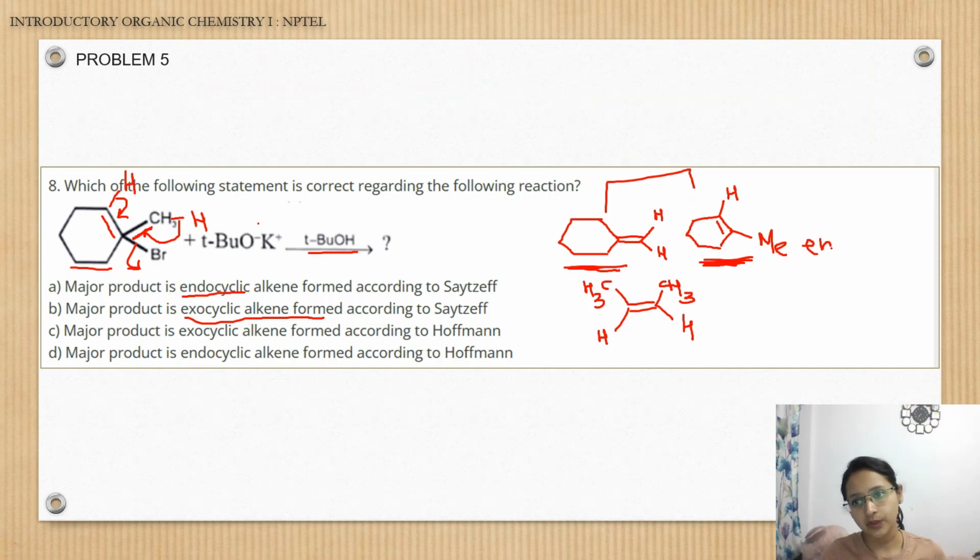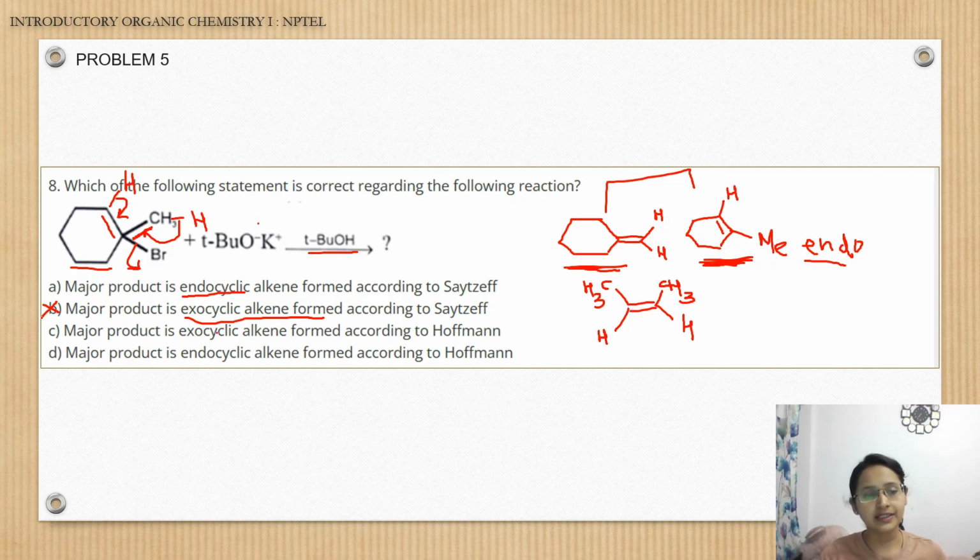So option B is the wrong one because it suggests that the exocyclic alkene is forming according to Zaitsev's rule. Zaitsev's rule is promoting the endocyclic because of the greater substitution. So option B is neglected because it is an incorrect statement.